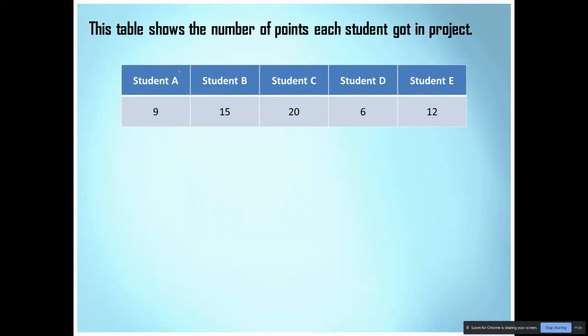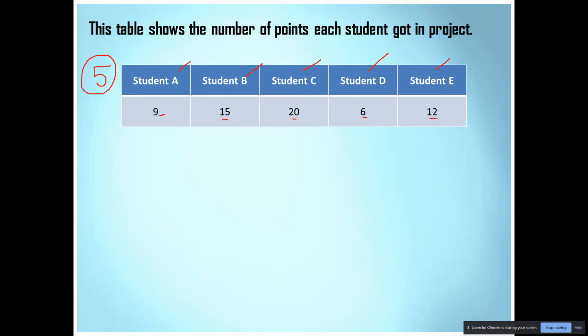We have student A, student B, student C, student D, and student E. So the total number of students is 5. And each of them got different points in their project. Student A got 9 points, student B got 15 points, student C got 20 points, student D got 6 points, and student E got 12 points.